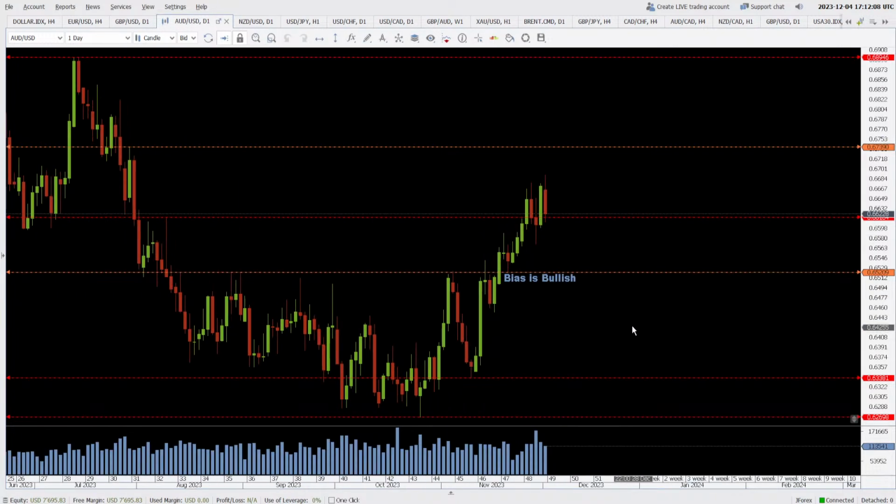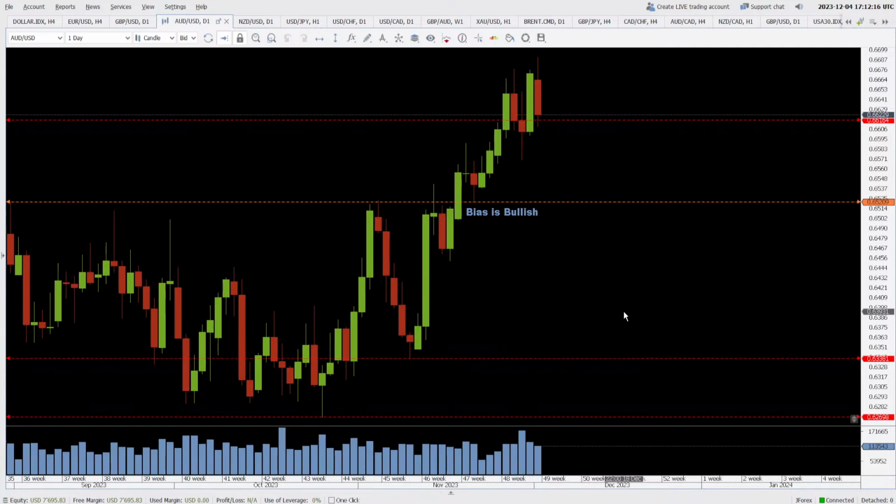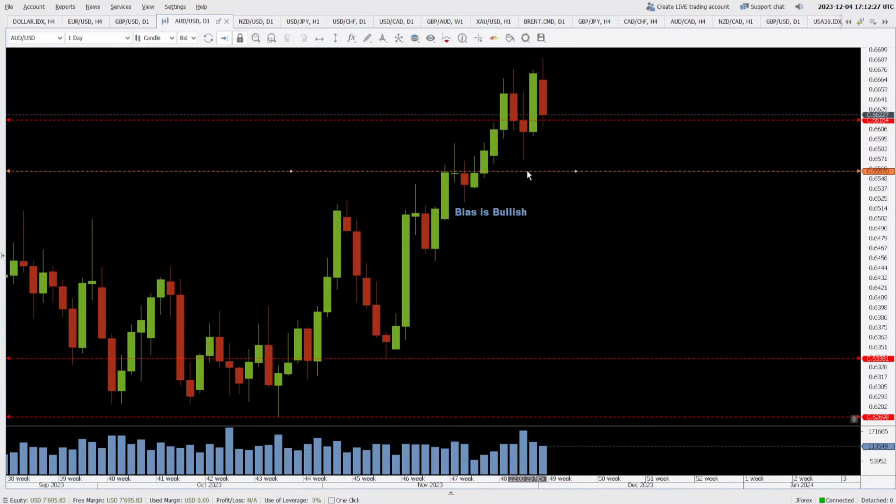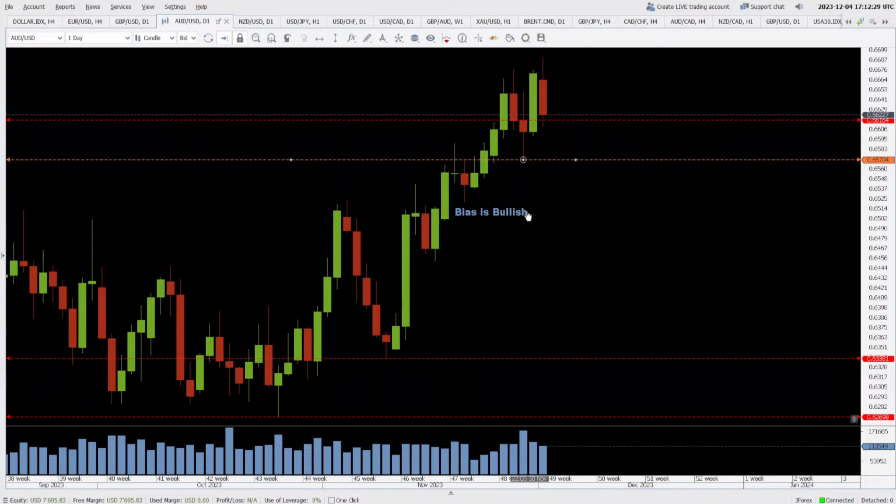Similarly, the Australian dollar, it is trying to act as a support, that is 0.6616 level is trying to act as a support. Also notice that, guys, while the price was making a higher highs and higher lows, yesterday and today the price has made a higher high. So if these are the two highs, this is the highest low. So the bias is bullish above this 0.6570. So now this becomes our case.